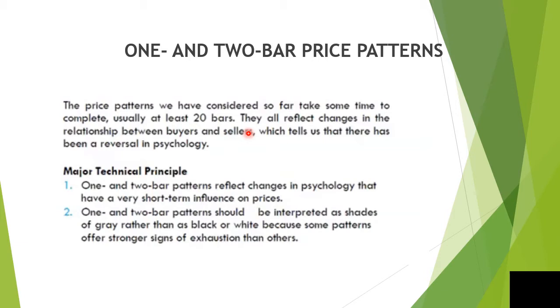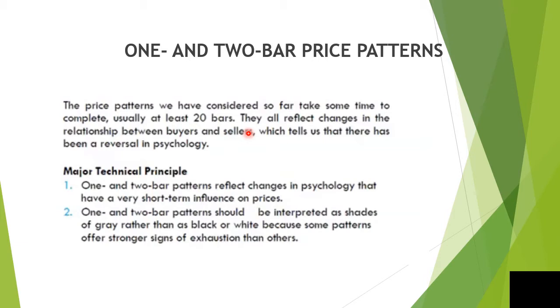This one is more focused on bar chart. In this subtopic, we will look into the bar chart and identify the pattern that has been created or appeared in the bar chart.